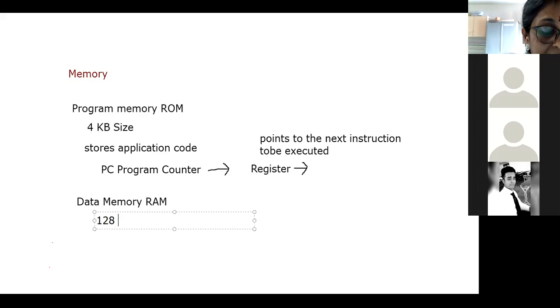It is 128 bytes. So size of the data memory or RAM in case of 8051 is 128 bytes. And what is the function of this RAM? What is the function of the RAM?